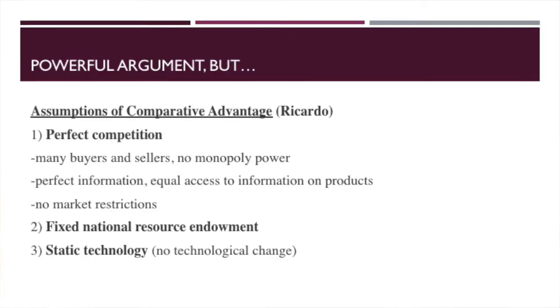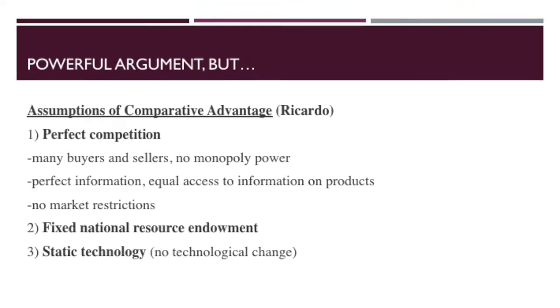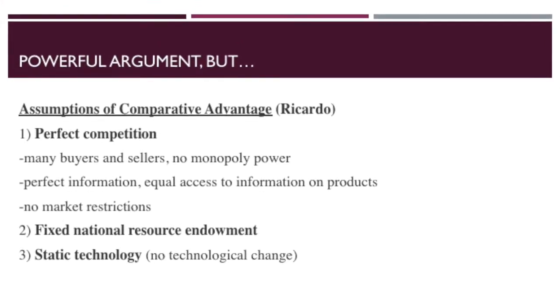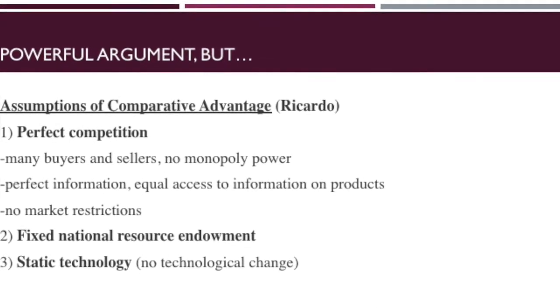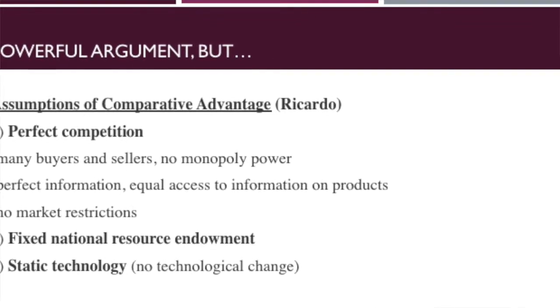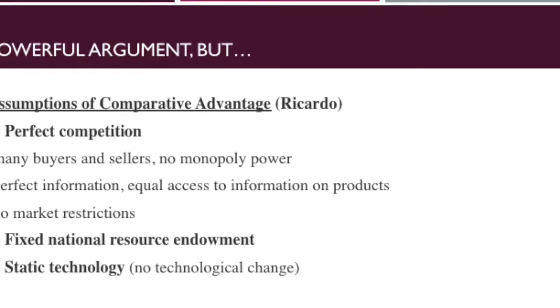And so we're always discovering new kinds of resource endowments, deploying technology in different ways to stretch out the useful life of those endowments. And products come along that require different kinds of resources. And so the idea that we have a fixed national resource endowment just doesn't hold up to scrutiny over time.